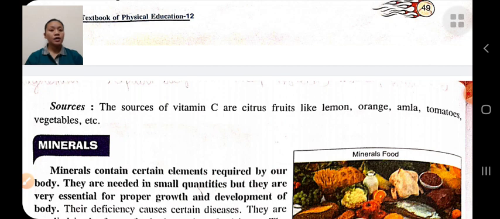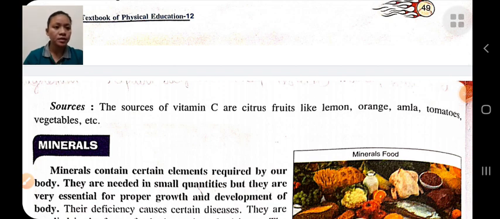Vitamins are required in small quantity, but they are very useful to keep our body healthy. There are two types of vitamins: fat soluble vitamins and water soluble vitamins.